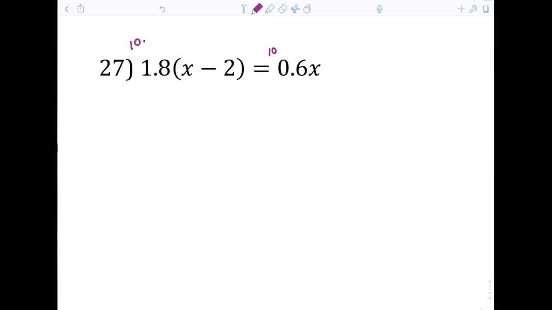The reason why I can multiply both sides by 10 is because what will that do to the decimal? Move it over 1. And then you don't have to worry about the decimals. So if I move the decimal over in 1.8, it just becomes what? 18. So it's 18 times x minus 2 equals what? 6x. Thank you very much.